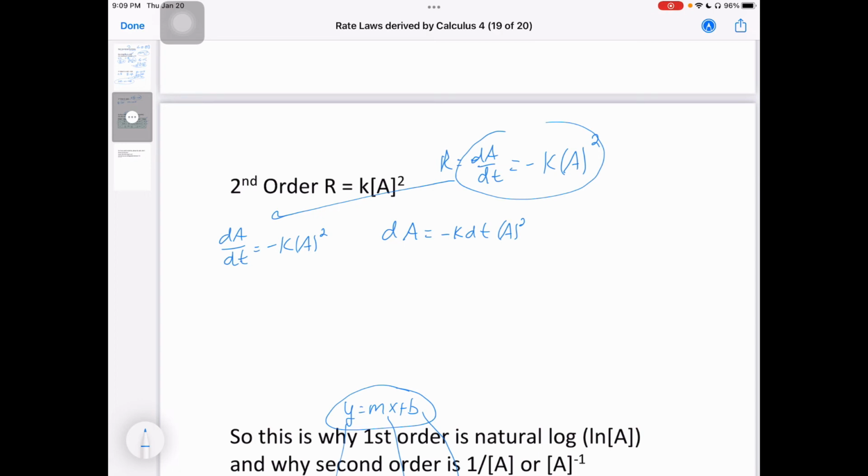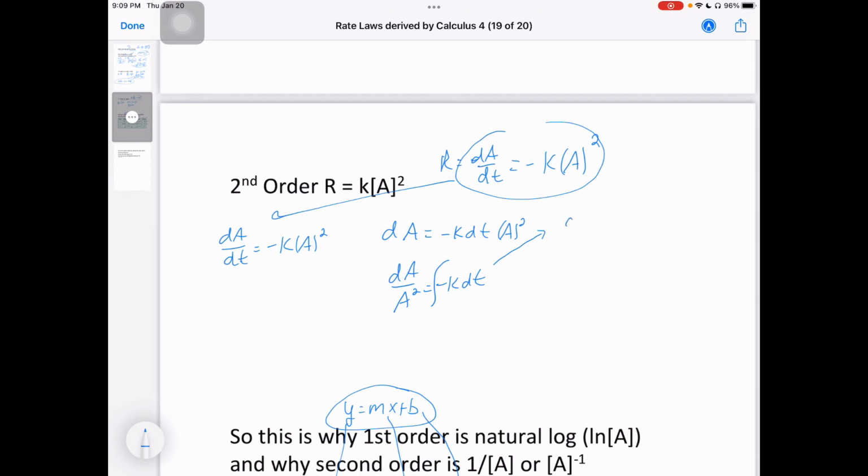And I'm going to move the A down here. When I do, it's going to be divide by 1 over A squared. So it's going to be dA over A squared equals negative k dt. Again, when I integrate this side, very easy, it's negative kt. I apologize, I forgot my k. There's my k. So let me move it over here for a moment.